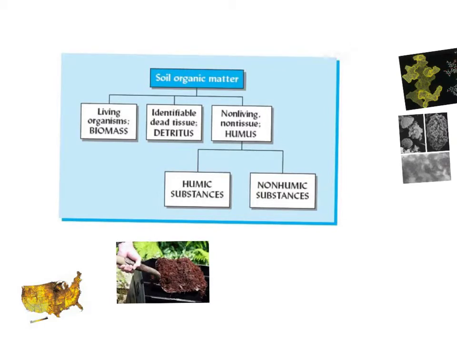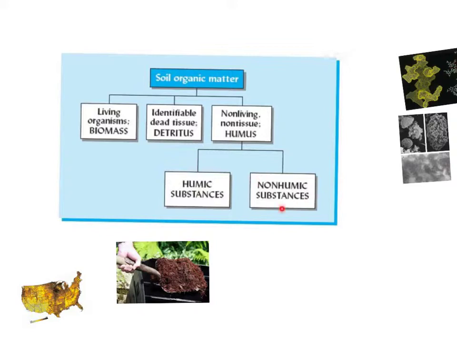Then we have this humus material. We can't really identify it as having its source in a particular biology, like a grass leaf or a grass root or a forb or anything like that. It's not really identifiable. In this material, we have two sorts of humus material.